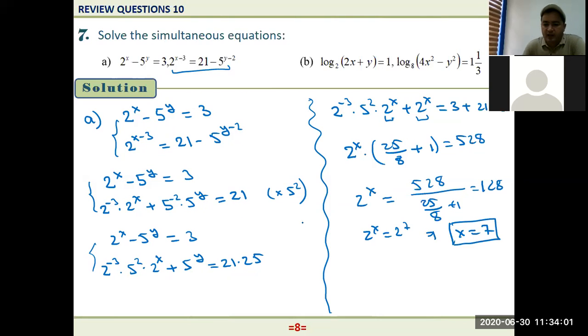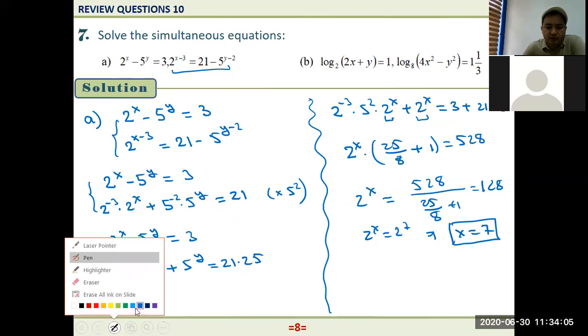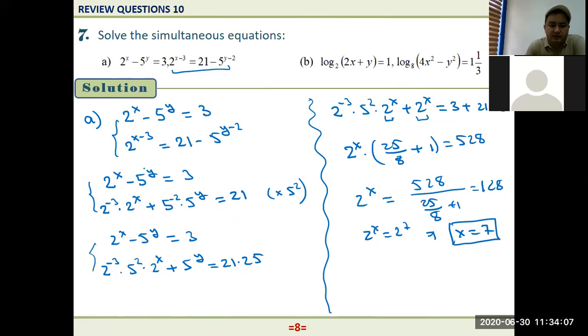Good. Now I can get the value of y. Let's say this is step 1, and here we have step 2. Substitute here. If you substitute here, 2 to the power 7 minus 5 to the power y equals 3. Take 5 to the power y to the right hand side, and 3 to the left hand side.